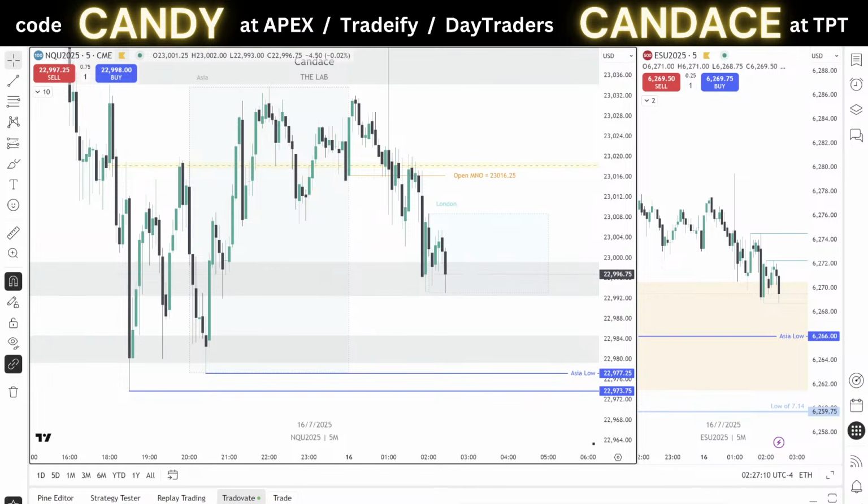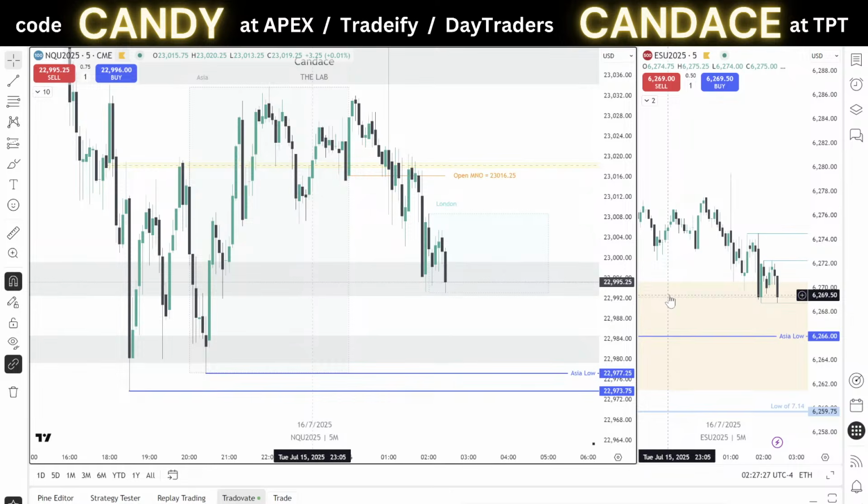You can see it with the speed of the candle, and then you know if the candle wants to keep going down, or maybe it's going to be a reversal. But of course, I also need to see how the ES is acting.